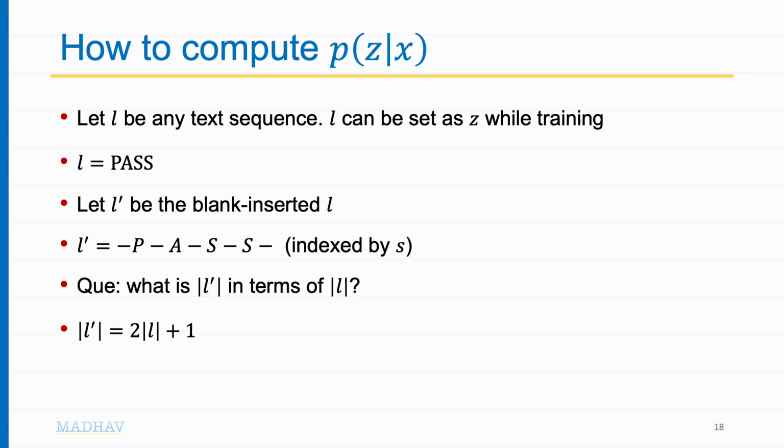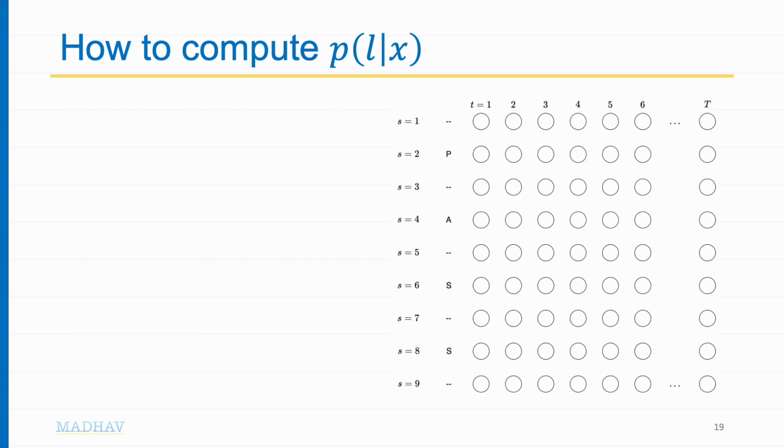Now, to help you further understand this, let's plot it. Let's plot the trellis, T versus S. It's something like this. So you can see here S equal to 1 is blank, S equal to 2 is P, S equal to 3 is again blank, like that, PASS with blanks.